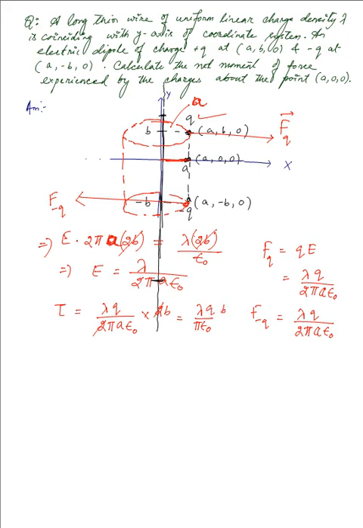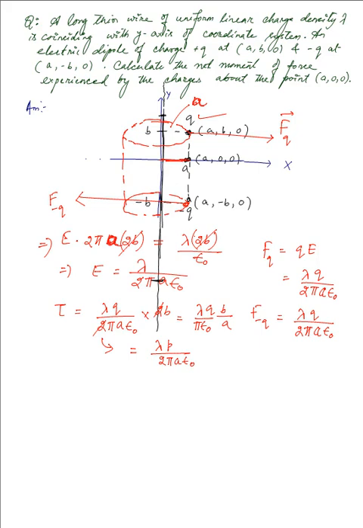Now, if we are to consider the dipole moment here, it is going to be q times 2b. So if we were to include that 2b, we could have written this in another form. We could have written it as lambda times p, that is the dipole moment, over 2 pi a epsilon naught.